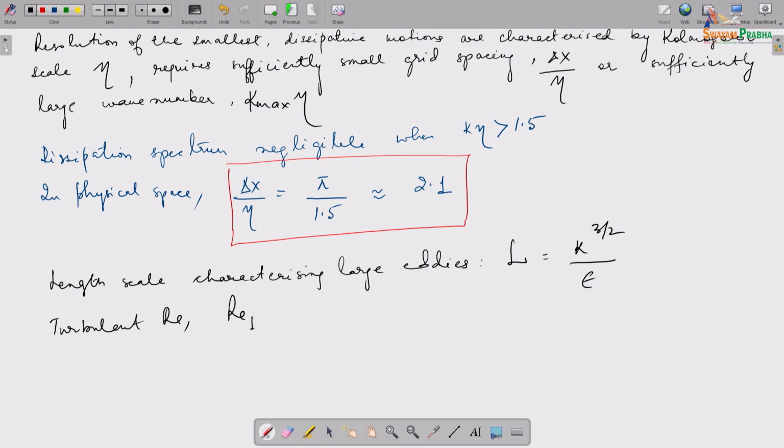So, I am going to write that as this, right, that is equal to, right. So, this is equal to, yeah. So, this is essentially for the larger eddies, right.